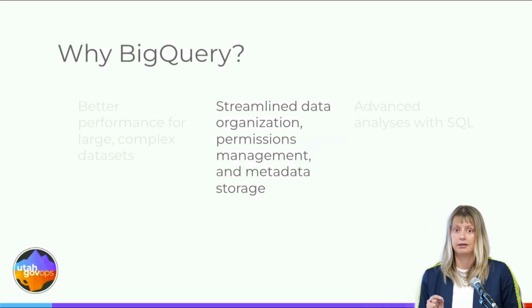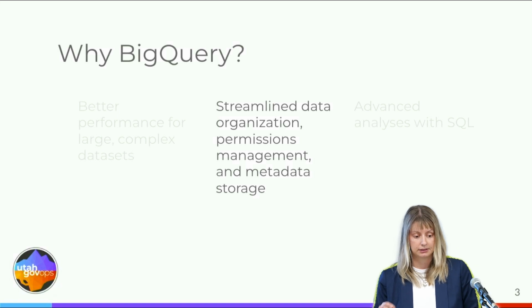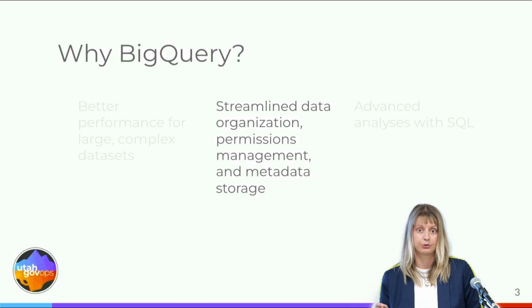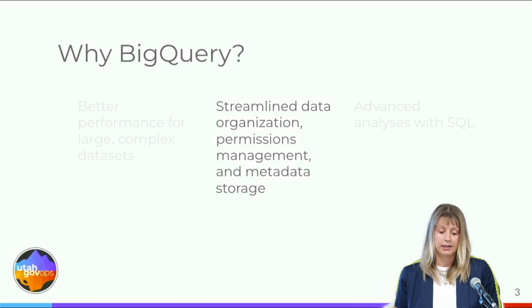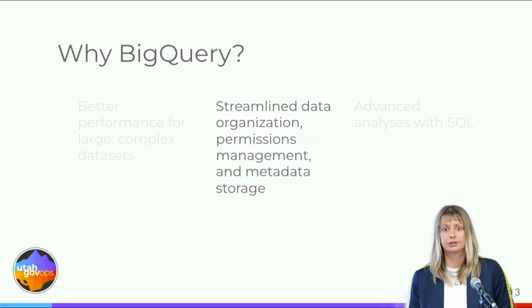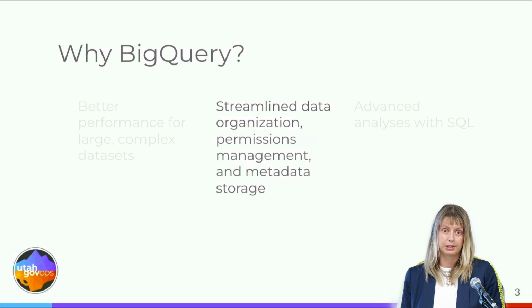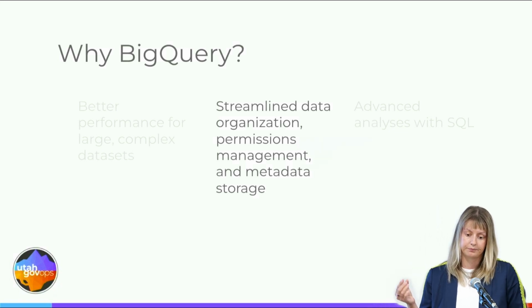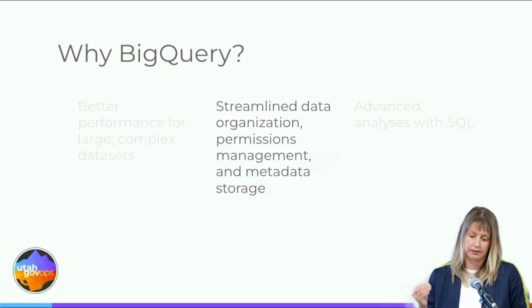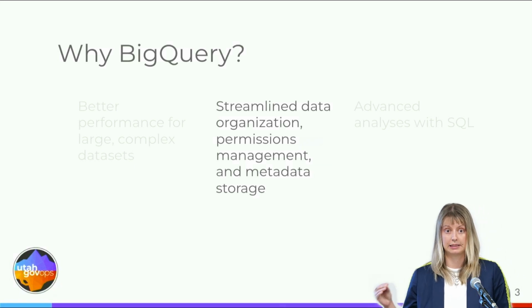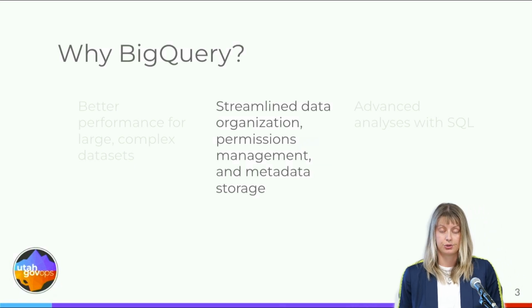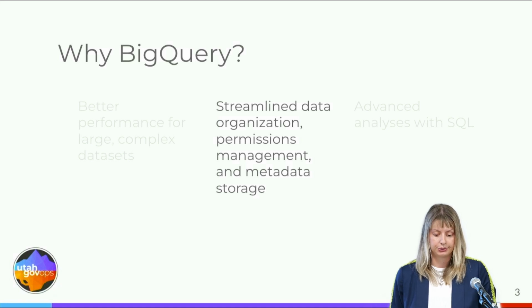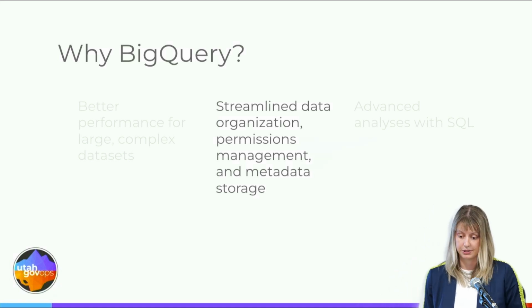And finally, the metadata storage capabilities that Google Cloud and BigQuery have allow you to simplify things like onboarding new team members, because you can record information about the different columns in your data in the same tool that you store the data in. And so for a new person to get acquainted with the information, that just becomes a breeze.